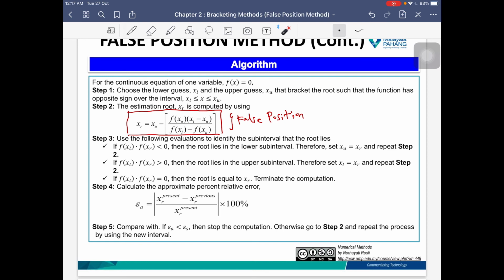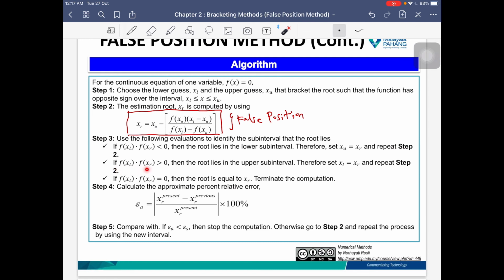Step number 3, we have two subintervals, so we need to evaluate in order to identify which subinterval the root lies in. We apply the test condition. If FSL multiplied with FSR is less than 0, then the root lies in the lower subinterval. Therefore, we set XU equal to XR and repeat step 2.